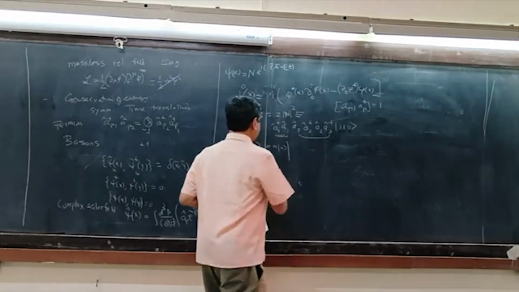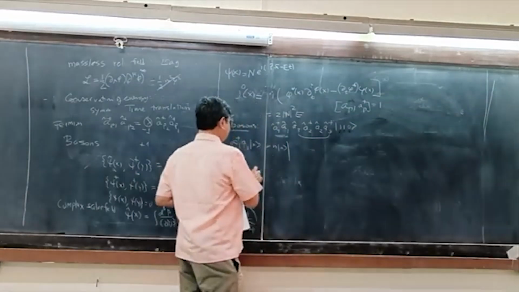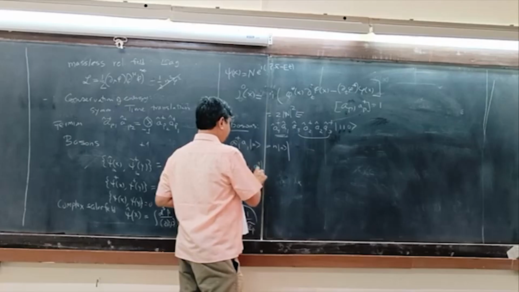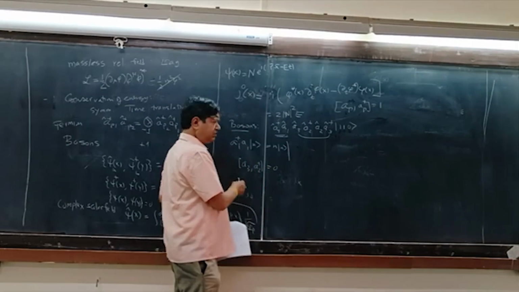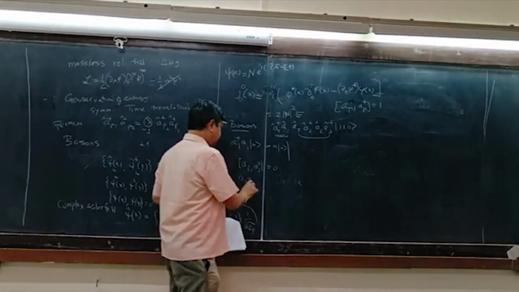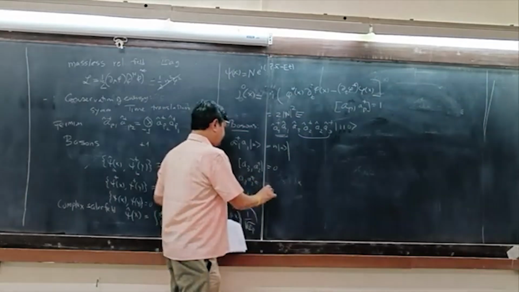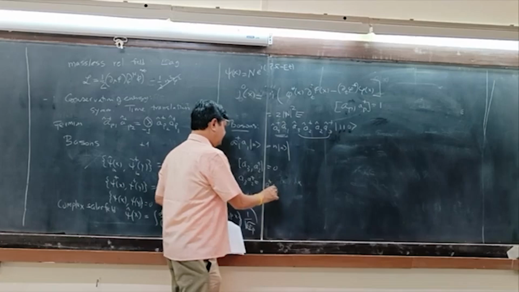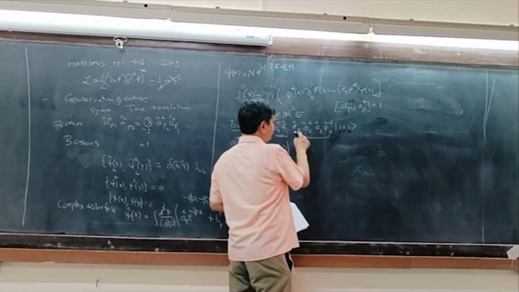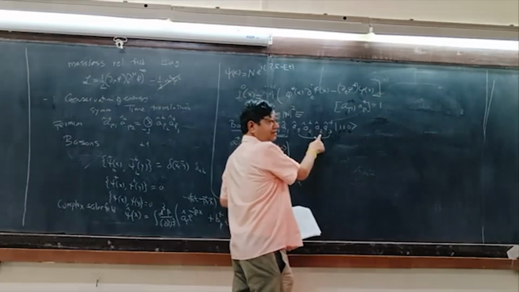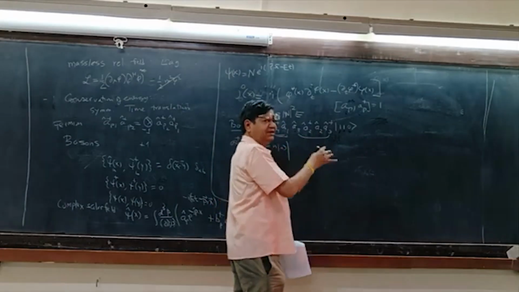Please remember A3 A2 dagger is 0, there are two different momenta. So A3 A2 dagger is the same as A2 dagger A3. So that's switchable. Then I can take A3 and switch from there as well.